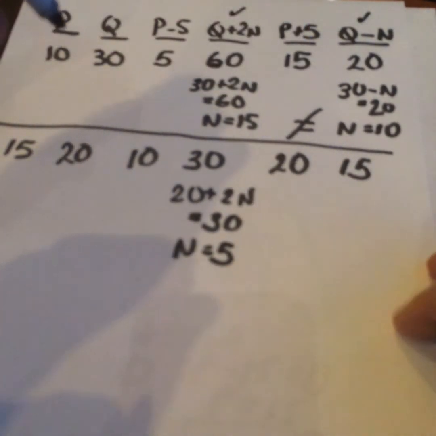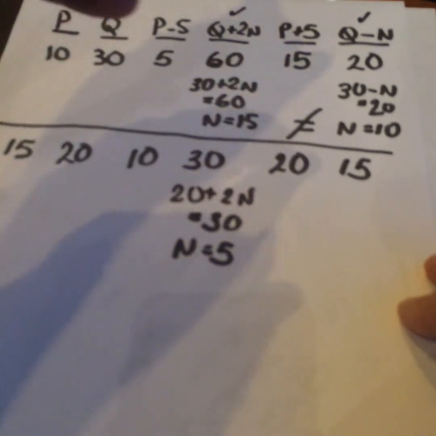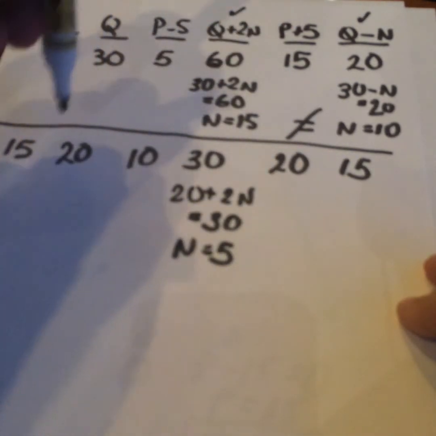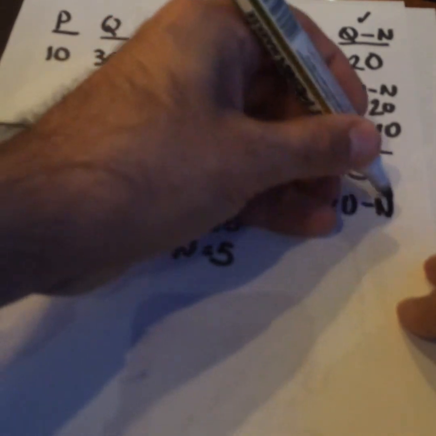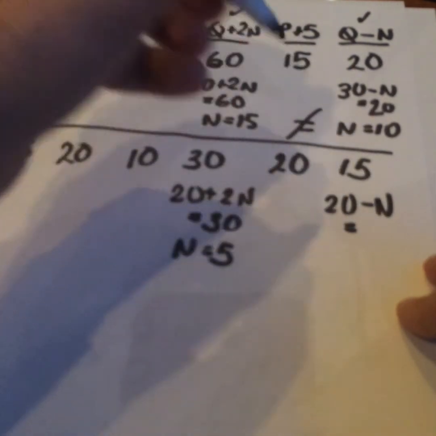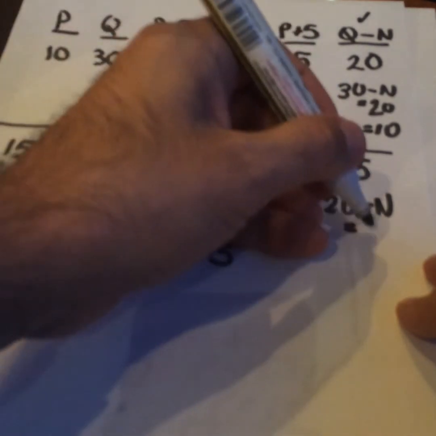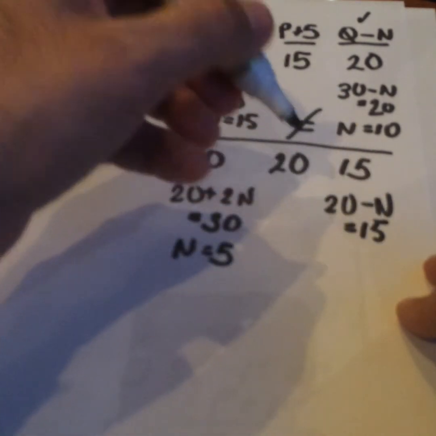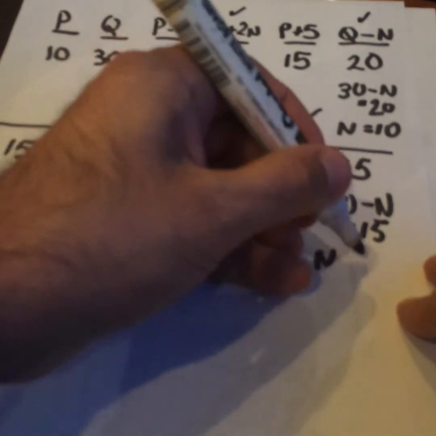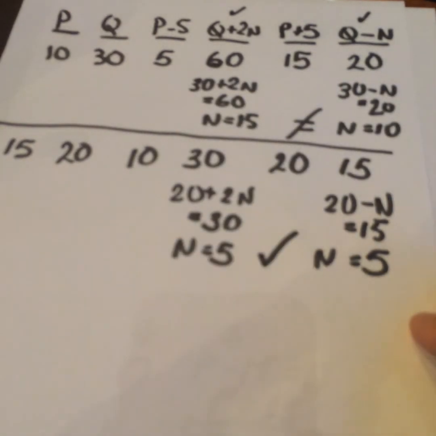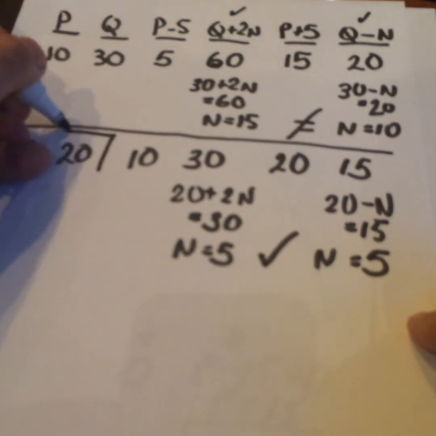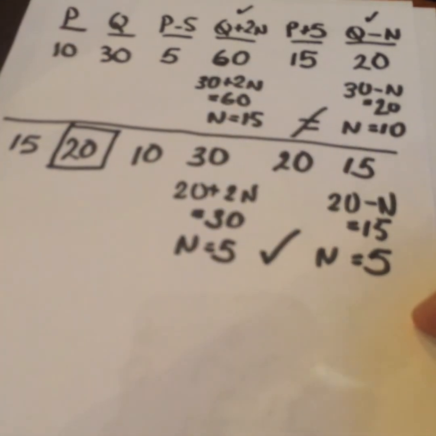Do the same thing over here. Q is 20. 20 minus N set now equal to 15. Do the math, solve for N. N equals 5. A match. And because those N's match, when we plug those values in, Q must be, in fact, 20. And there's our choice C.